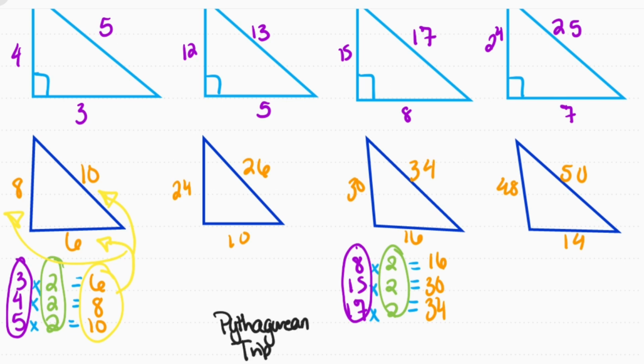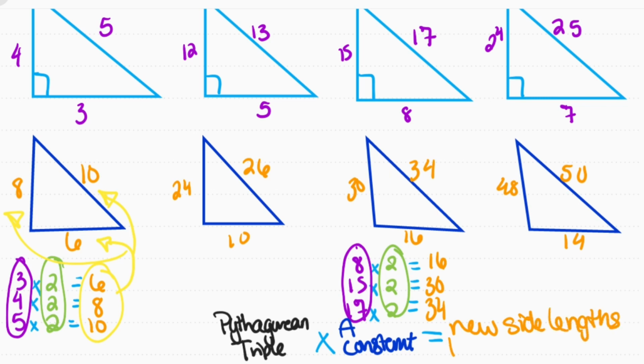I wouldn't have to do 16 squared plus 30 squared equals 34 squared. I could just say, well, this Pythagorean triple times some constant equals the new side lengths of the new triangle. And if I multiply all 3 sides by the same constant, they always form right triangles.